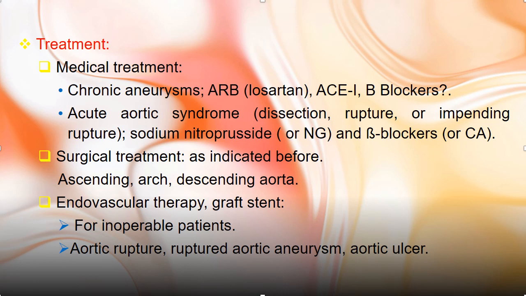Beta blocker's effectiveness in reducing aneurysmal dilatation is equivocal. A meta-analysis published in the New England Journal of Medicine 5 years ago showed no clinical benefit in patients with Marfan syndrome.